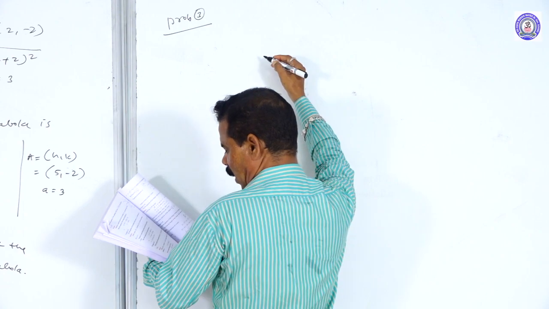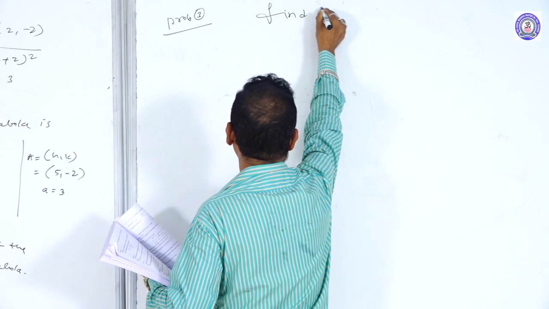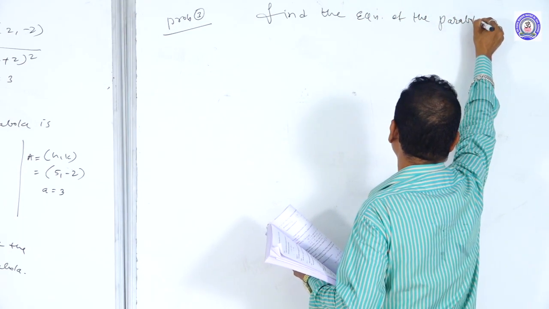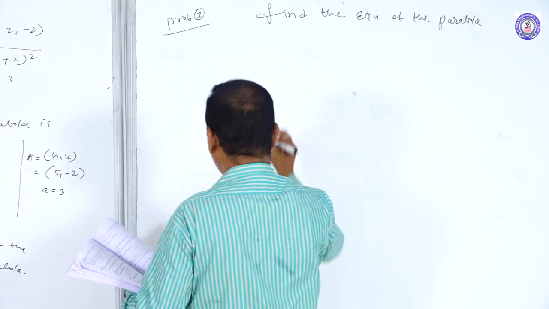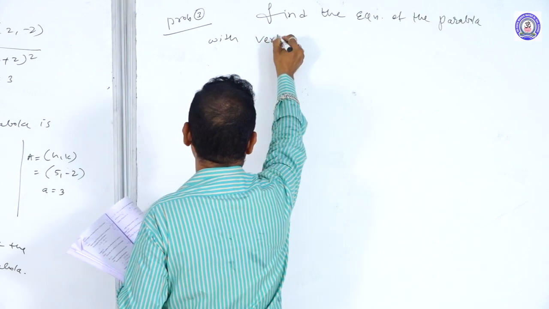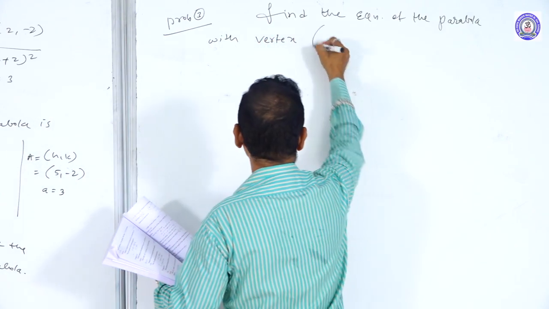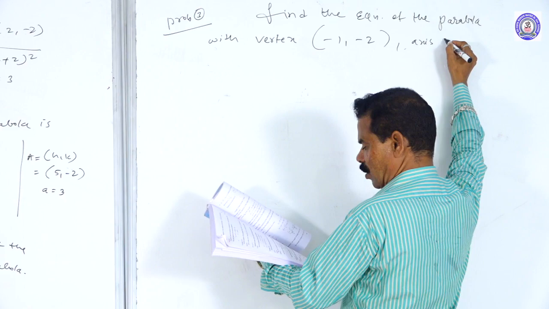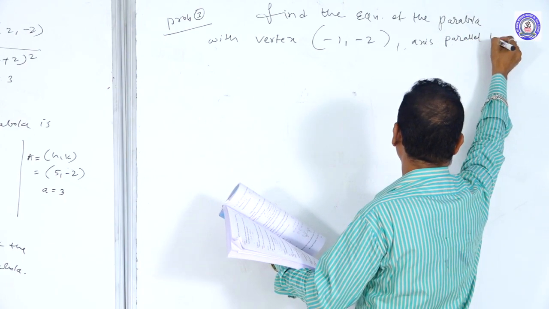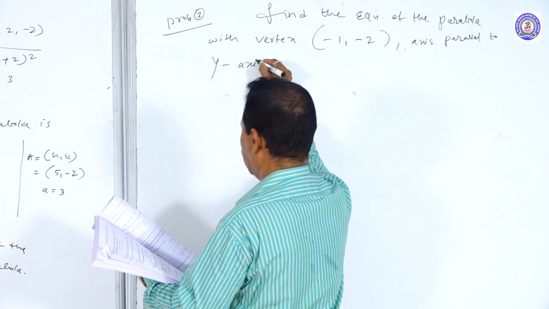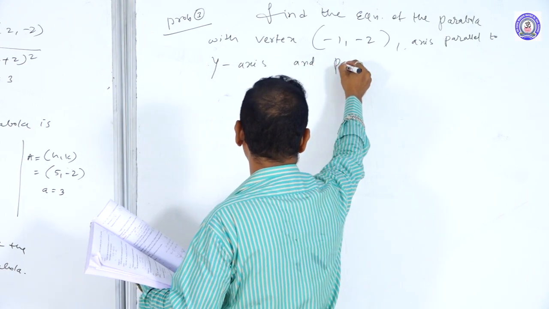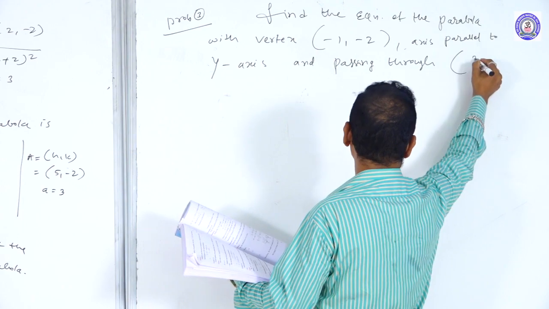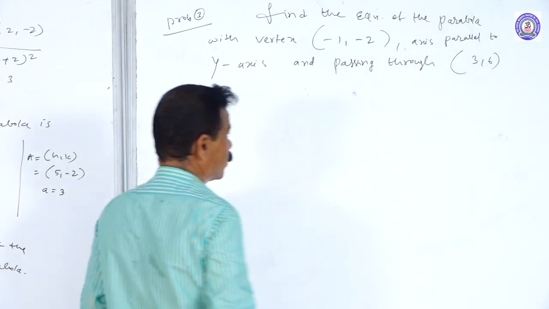Next problem. Find the equation of the parabola with vertex (-1, -2), axis parallel to the y axis, and passing through (3, 6).